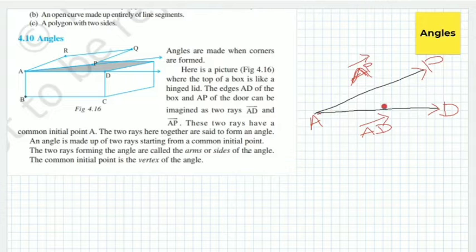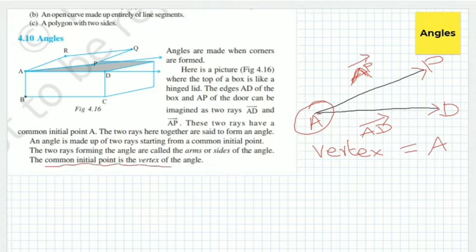So these two rays have an initial point. Initial point means the rays start from the same point. That point is called the vertex. Okay. Vertex will be A. The initial point is called the vertex of the angle. That's what is given here.